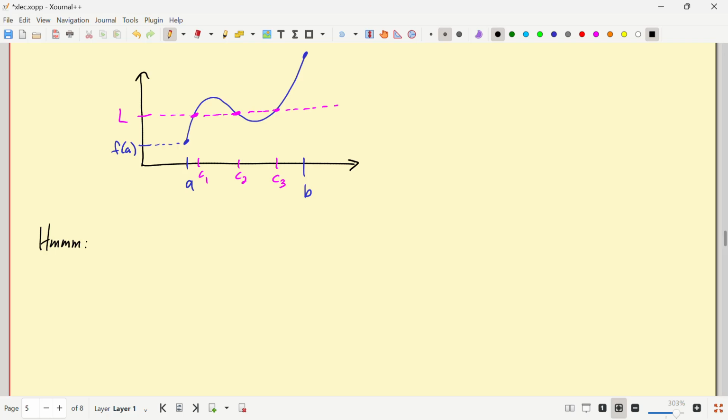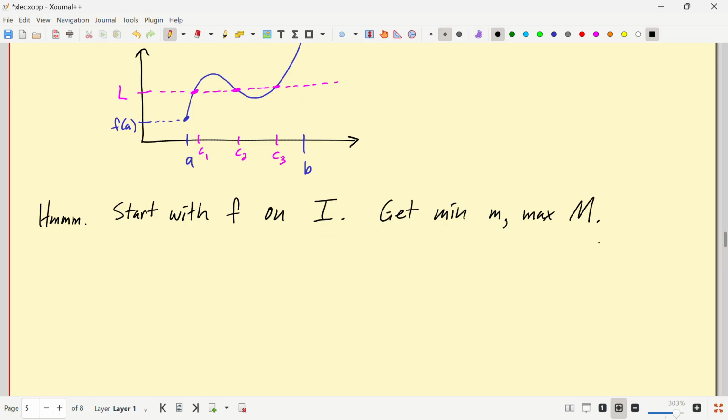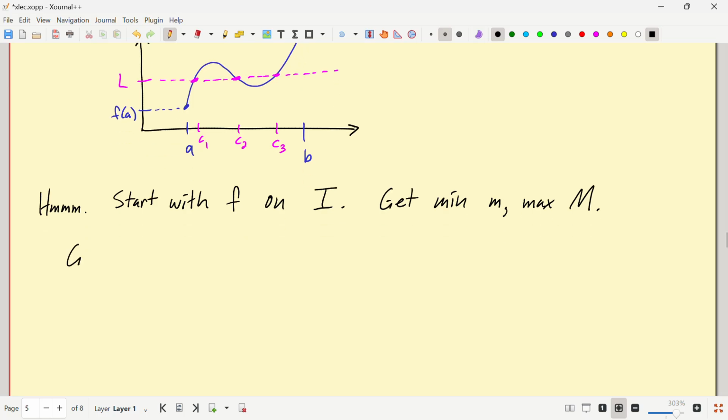Start with f on I. Get the min and the max. And then it's a continuous function on a closed interval.